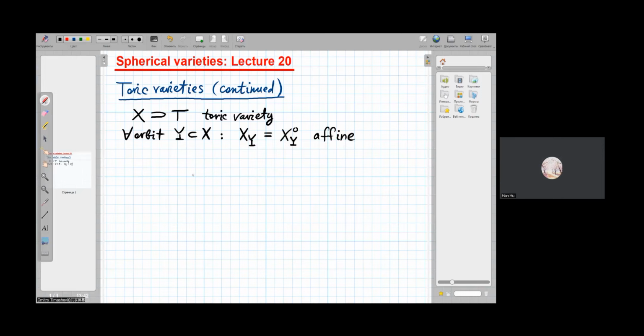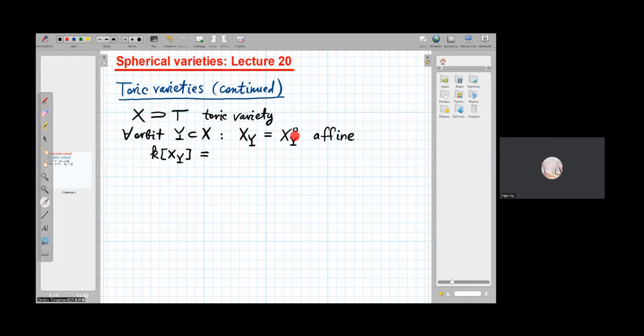And its coordinate algebra we can write down, because we know what is the coordinate algebra of this open B chart.